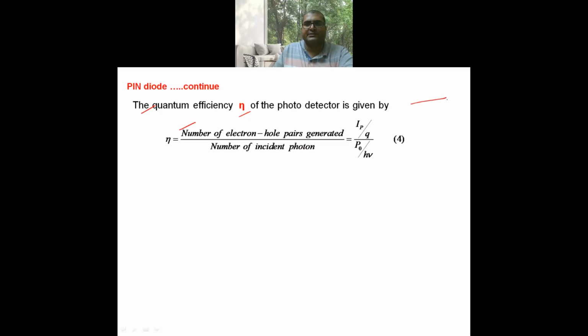If you observe the PIN structure, when some photon energy is incident on the intrinsic material, it generates electron hole pairs. The quantum efficiency is the ratio between the electron hole pairs generated in the intrinsic region to the number of incident photons. It is given by equation number 4.